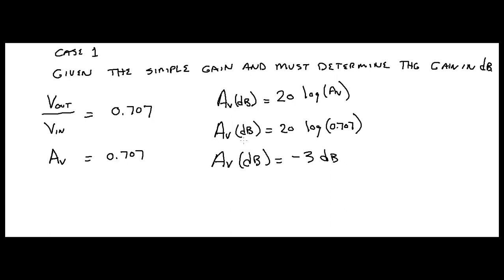Alright, so next we're going to work on the problem where if you're given the decibel gain, how do you calculate the simple gain? That's going to be case 2. Alright, so let's talk about case 2. Now, basically, case 2 is very similar to case 1, except you're given the other variable, right?